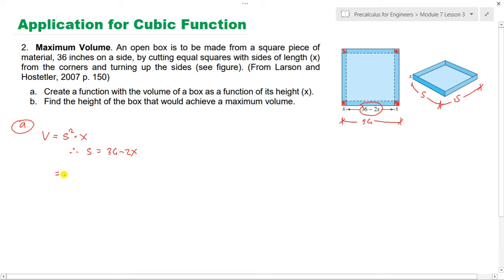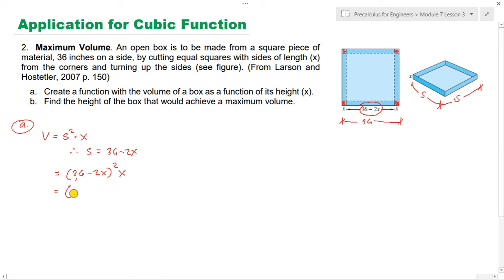We plug that in, so we have 36 minus 2x, squared, times x. Now simplifying this, we have 36 squared, right? 36 squared is 1296.